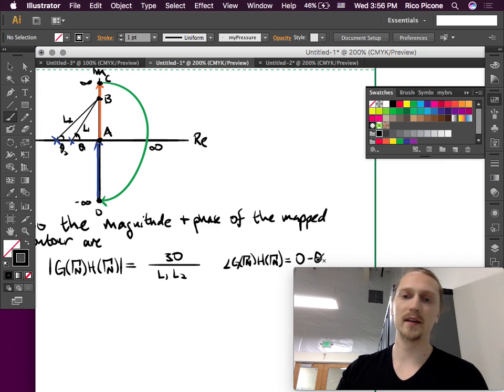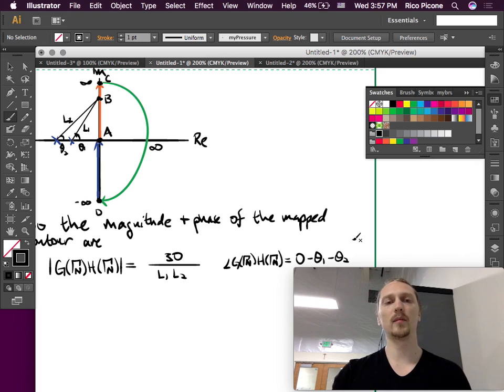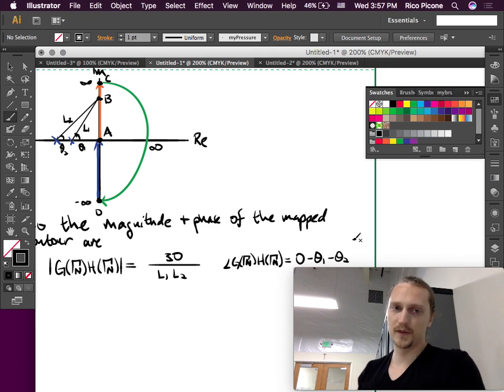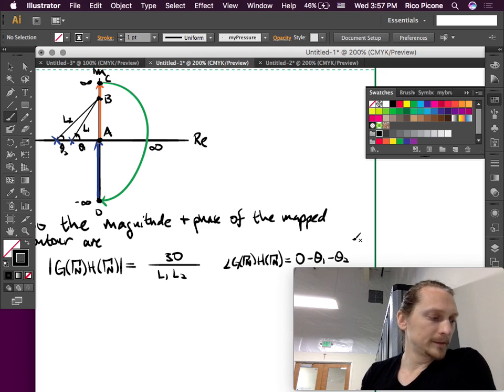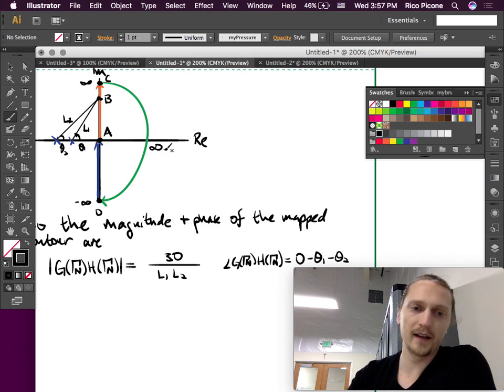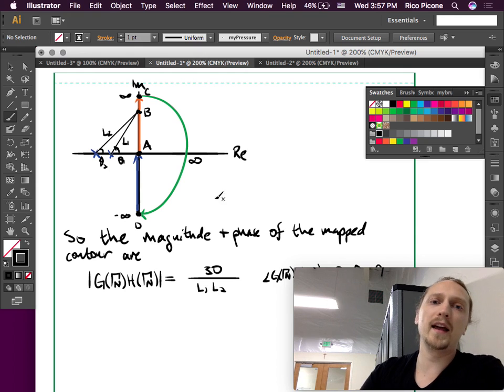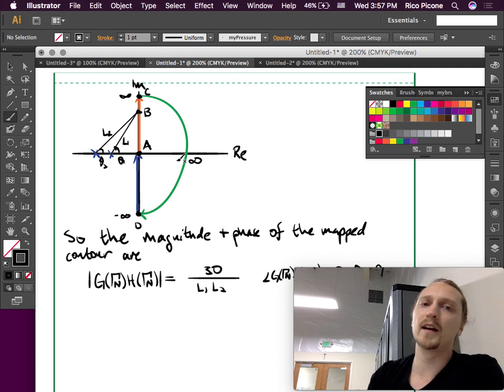Yeah, so 0 minus the quantity theta 1 plus theta 2. I'm going to say minus theta 1, and then just distribute the minus sign. The theta 1 and theta 2 are both poles, so their angle contributions are negative. That is how we're going to want to think about this geometrically as we go from point A up to point C, around to point D, as far as these angles and these lengths.